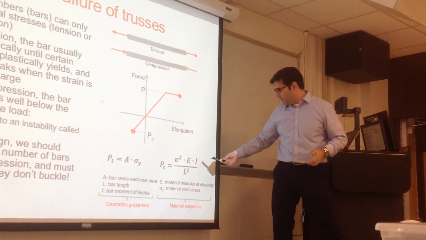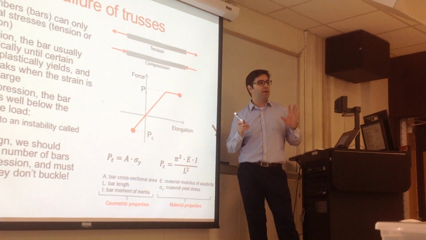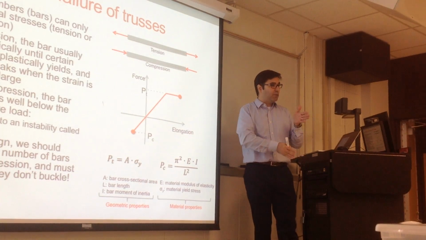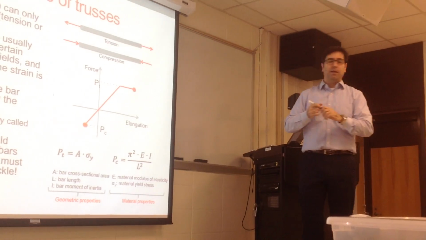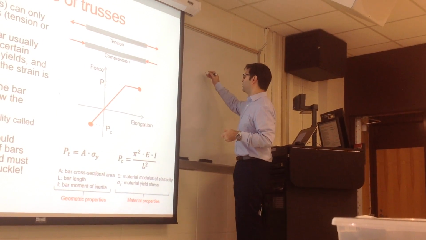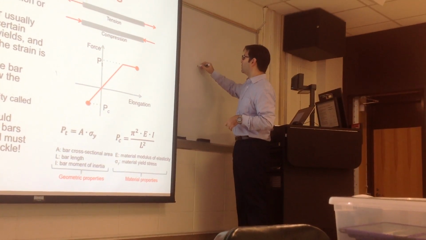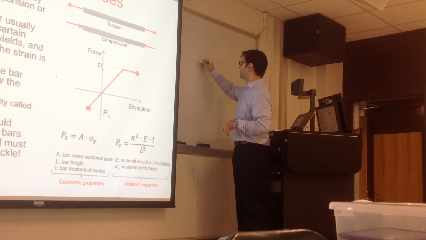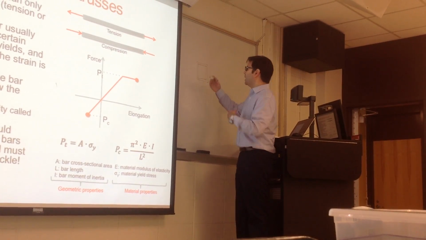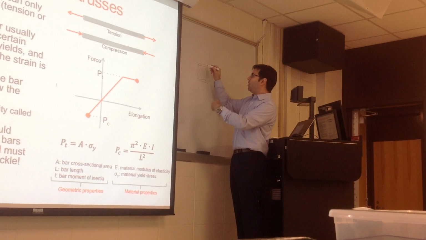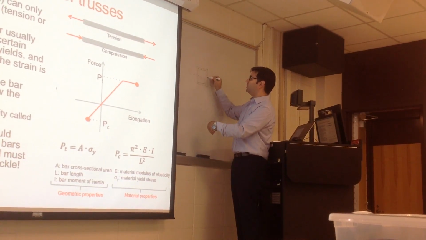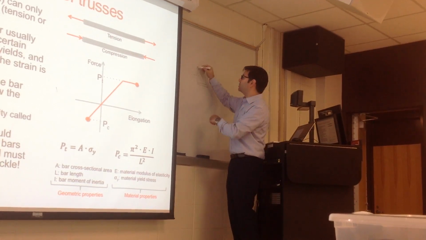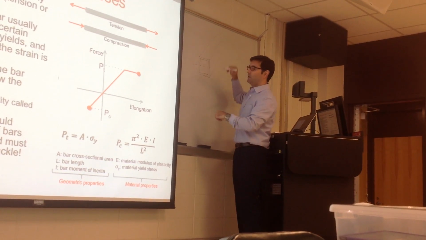And I is a property of the cross-section of your bar that is related to how far the area is from the center of the bar. So let's say you have a bar that looks like this. It's some sort of measure of how far this area is from the center line of your bar. This bar is going like this, very long.